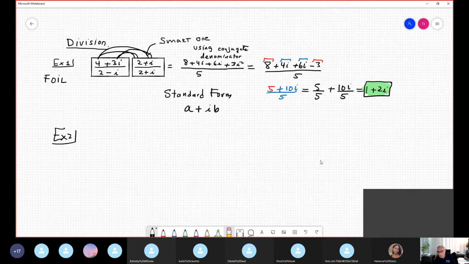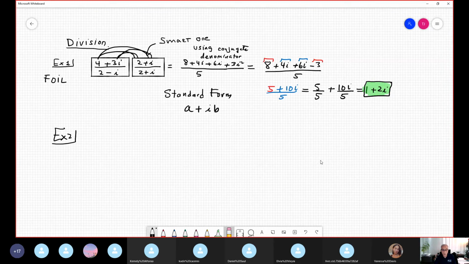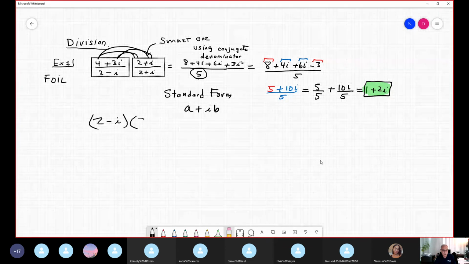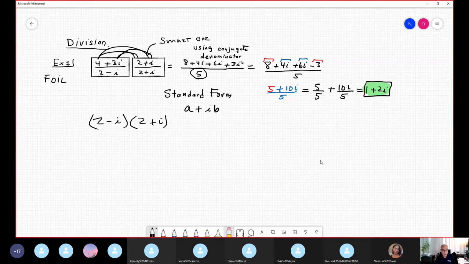Okay, she asked me, where does this 5 in the denominator come from? Because that was 2 minus i times 2 plus i.